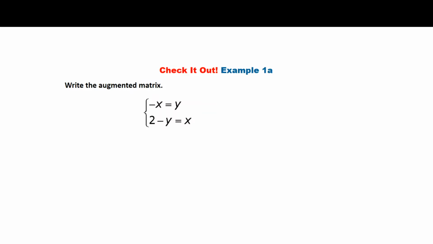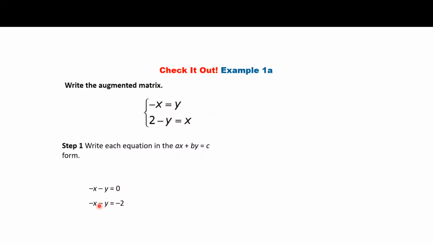All right, this is a pretty simple problem. The very first thing we want to do is make sure that it's written in the ax plus by equals c format, and we are not quite there. Notice if I add negative x to either side, I get 0, because when we add, we get 0 here.